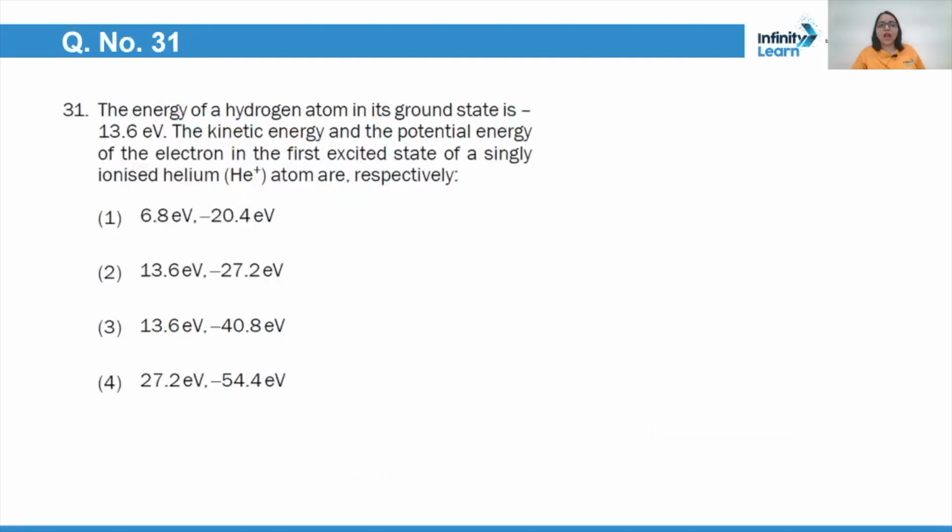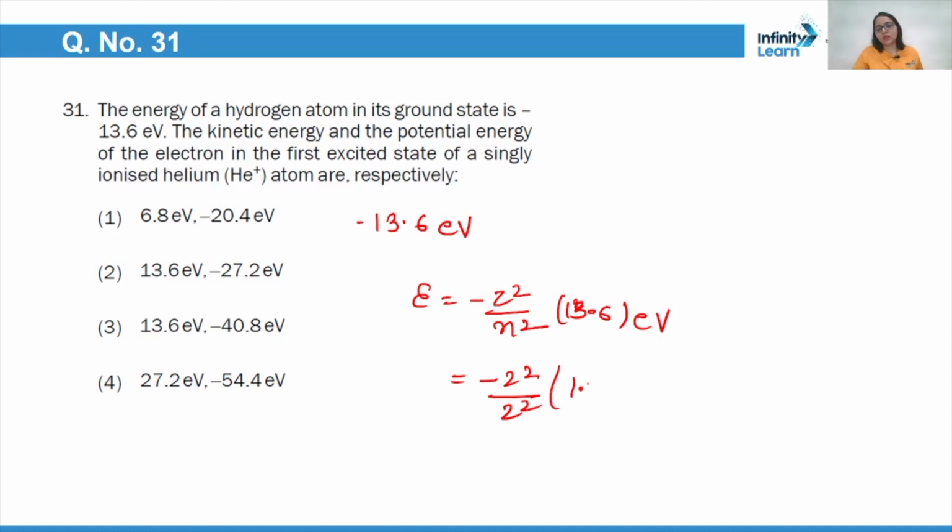Question number 31, we have the energy of a hydrogen atom in its ground state as minus 13.6 electron volt. The kinetic energy and potential energy of the electron in the first excited state of singly ionized helium atom are? First excited state means n is equal to 2. Energy is minus Z square upon n square into 13.6 electron volt, so it will be minus 2 square upon 2 square into 13.6 electron volt, which is minus 13.6 electron volt.